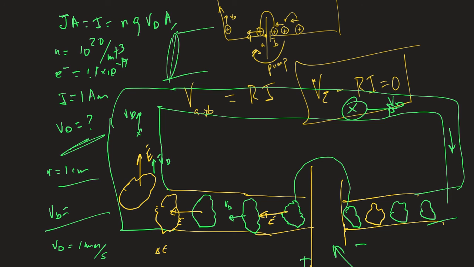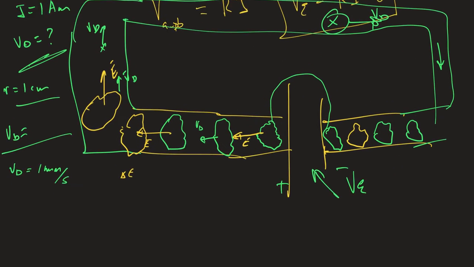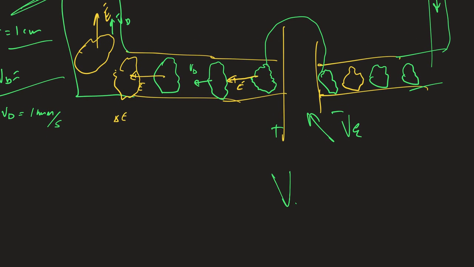The current is maintained because there is a pump here. There is a battery with voltage V sub B, and the battery gives energy V sub B per unit of charge, and the charge loses the energy R times I. It's not one circle, it's not one round, it's moving a little bit.